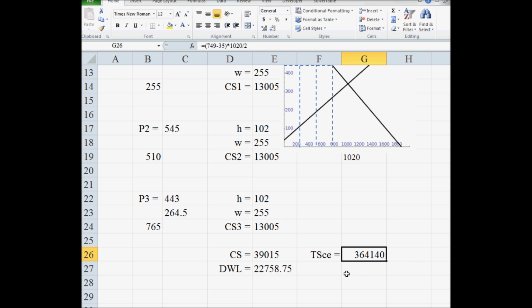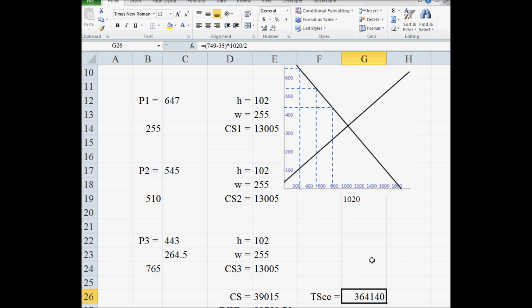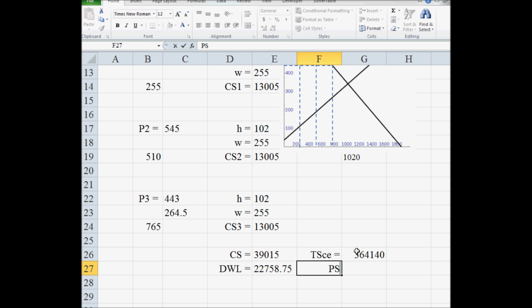So the total surplus in a competitive equilibrium would be 364,140. So the producer's surplus is this minus the consumer surplus minus the deadweight loss. So you can easily tell that the producer surplus is much larger than the consumer surplus.